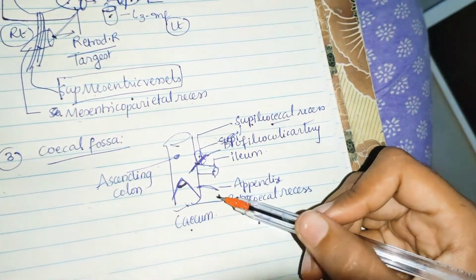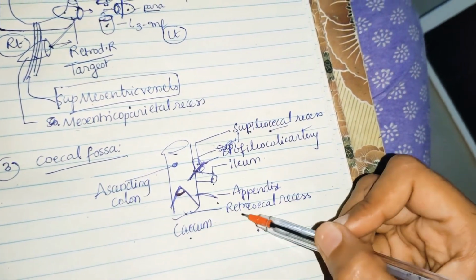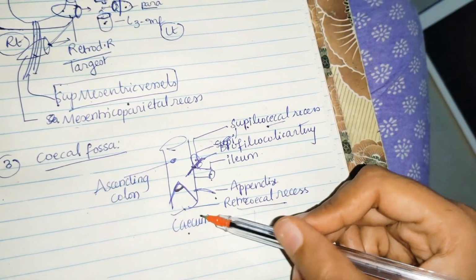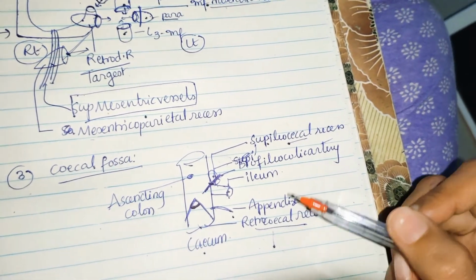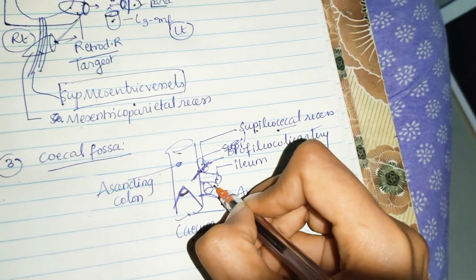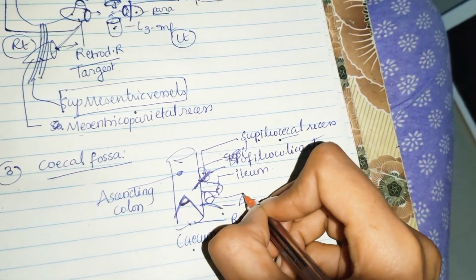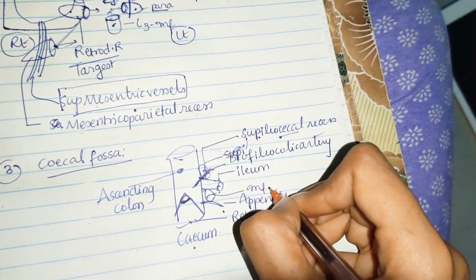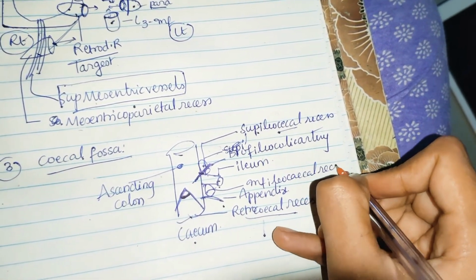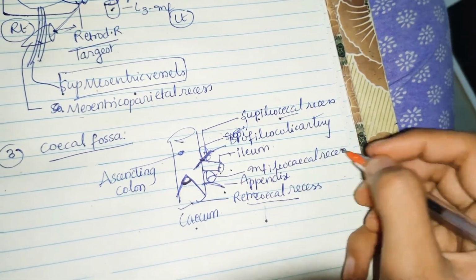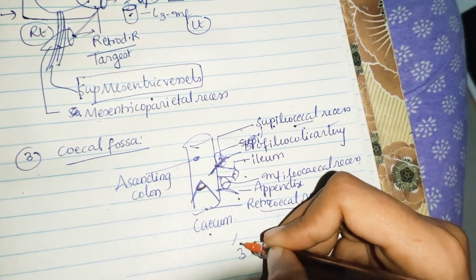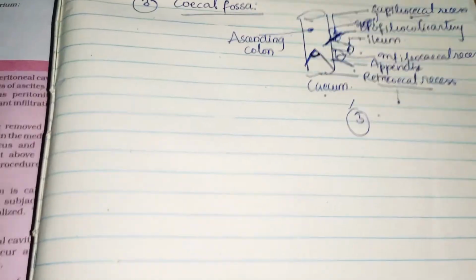Behind the cecum you have the retrocecal recess, hence the name retro, meaning back of the cecum. Another one, inferior to the ileum, is the inferior ileocecal recess, meaning below the ileum. This is above, so superior ileocecal. So in total you have 3 recesses here.